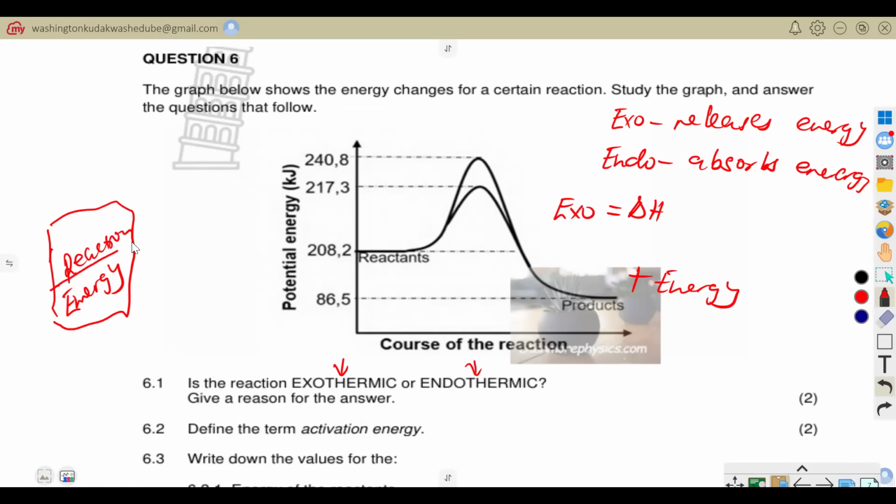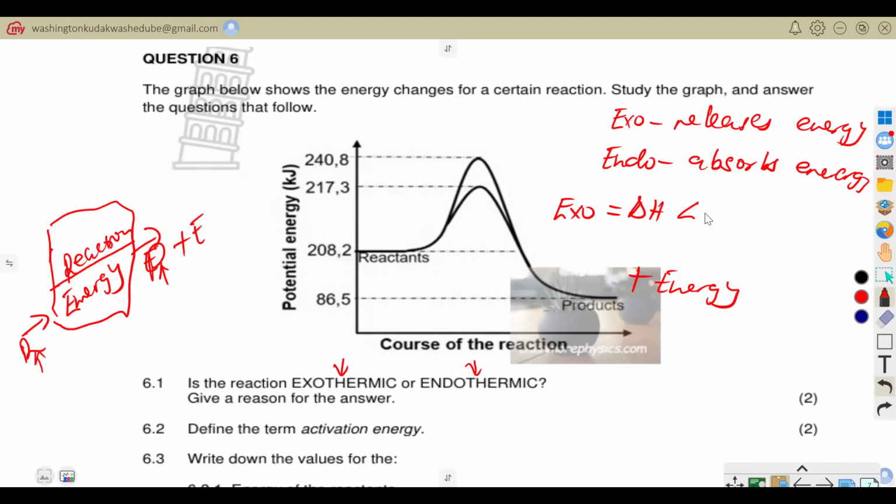We know the law of conservation of energy: energy is neither created nor destroyed. What you fed your system with is what you are going to get at the end. So the energy of the reactants has to be equal to the energy of the products. If the products are going to have energy given off aside, it simply means that the energy of the products is less than the energy of the reactants.